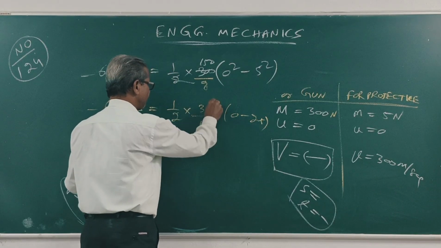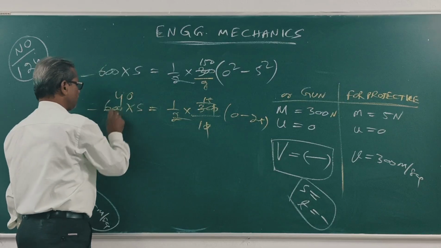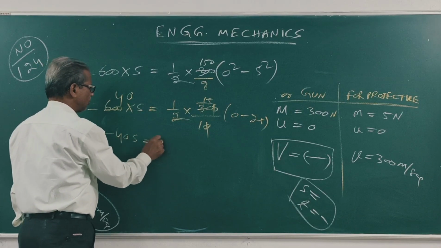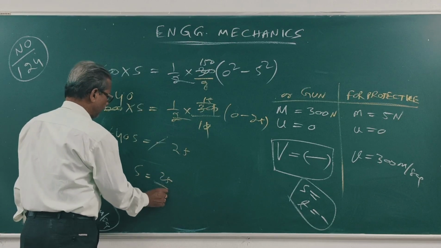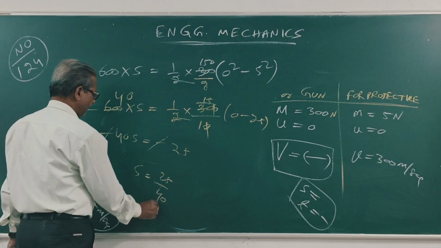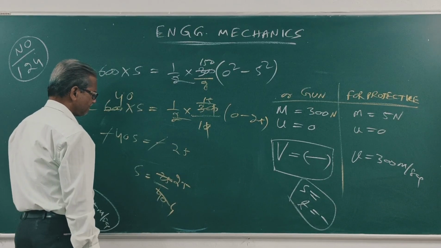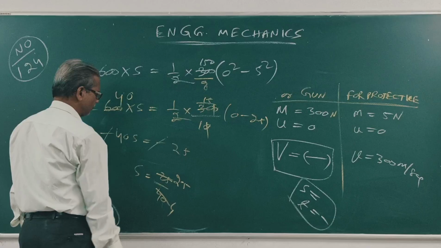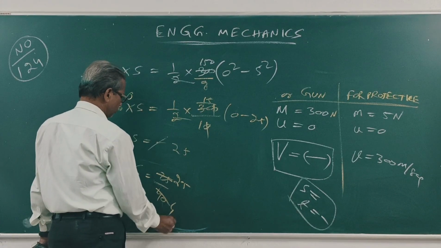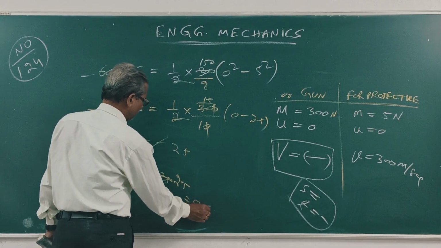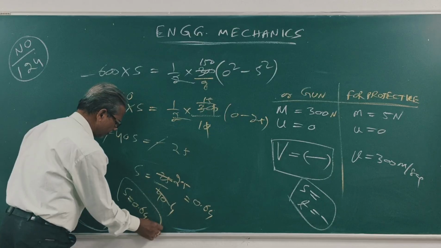Clear? So minus 40 S is equal to minus 25. What is S equal to? 25 by 40, that is 2.5 by 4. So 6.4 by 10, 0.64. This is 0.64 meter. Clear?